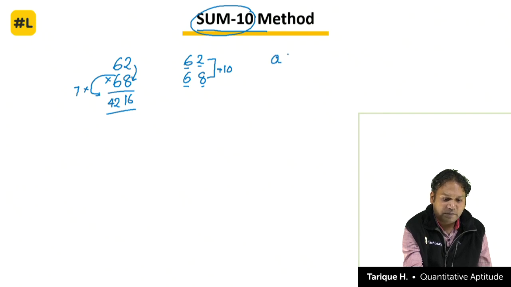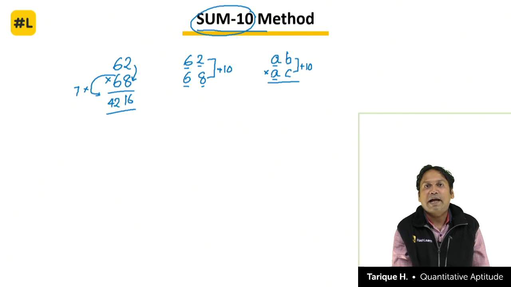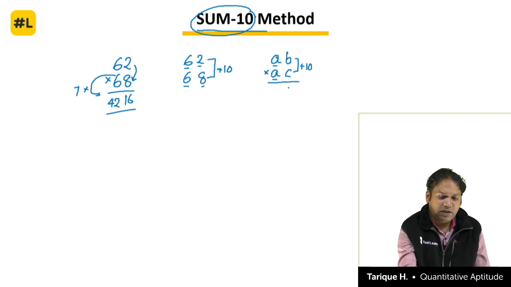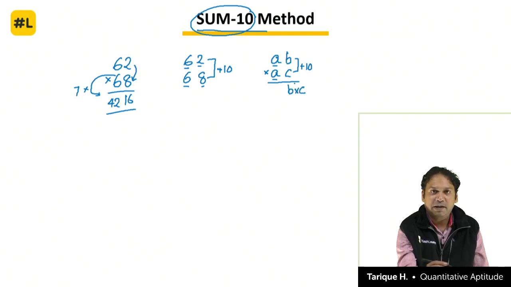Look at it as a formula. Let's say AB into AC, such that B plus C is 10 and the left hand side digits are the same. This kind of calculation is called Sumten, and the shortcut technique is to multiply B into C. That's one step done.